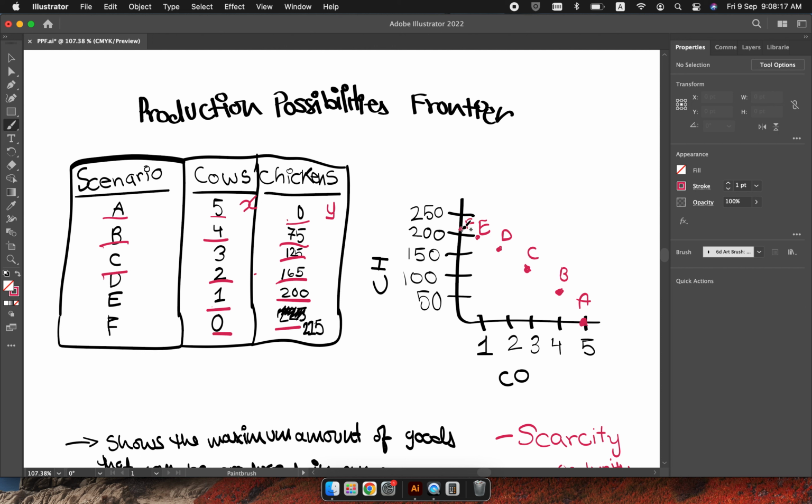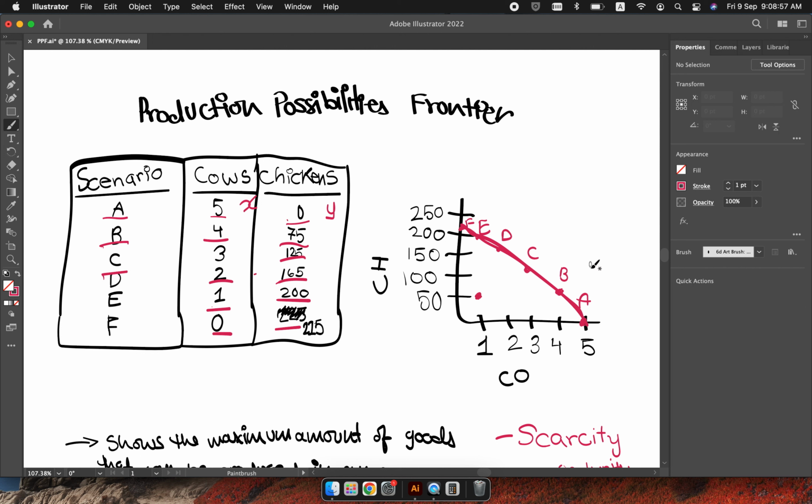And if you connect all these points, you have a production possibility curve. Now this one is slightly linear, but here we have our production possibility curve. Now, if the farmer chooses to keep cows and chickens in a ratio that would be on the curve, he's being efficient as he's allocating his resources efficiently. But if the farmer decides to have 1 cow and 50 chickens, that is not at all efficient because that is a point inside the curve.